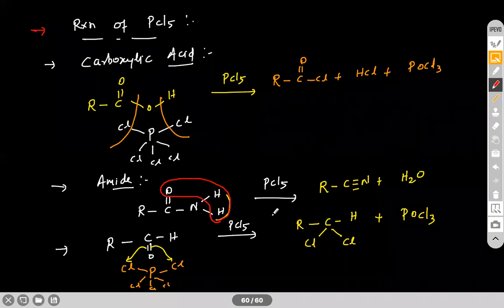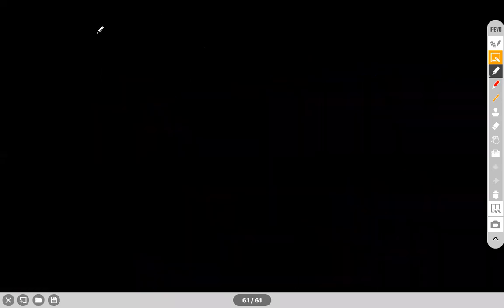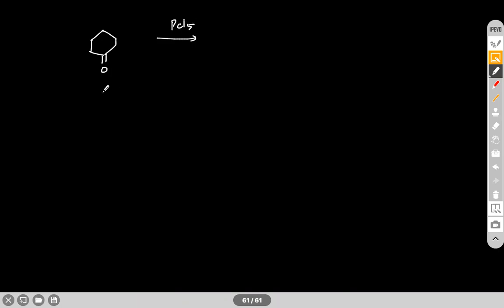Another reaction, the last one here, the reaction of ketone with PCl5. Suppose we have a cyclic compound with PCl5. Same thing you have to do. Product would be what? Is it clear?